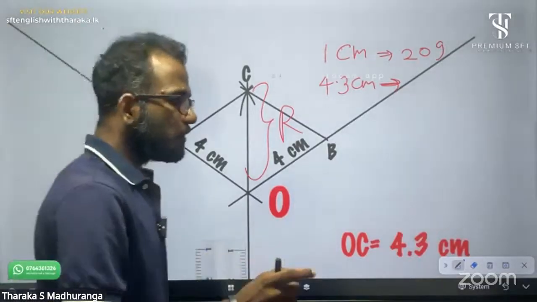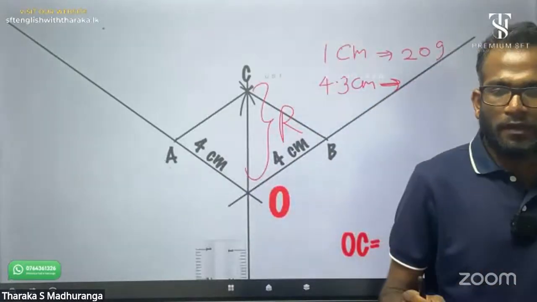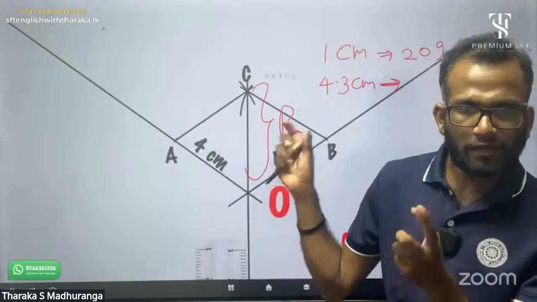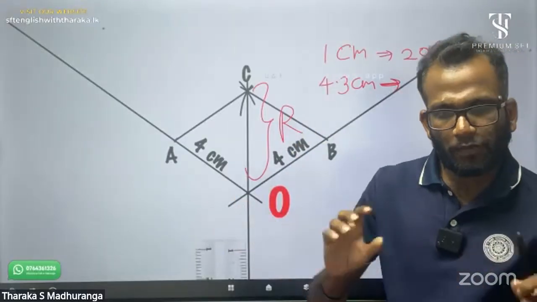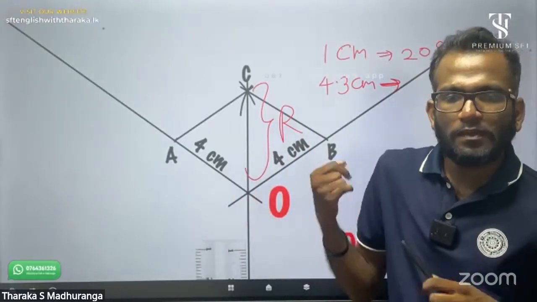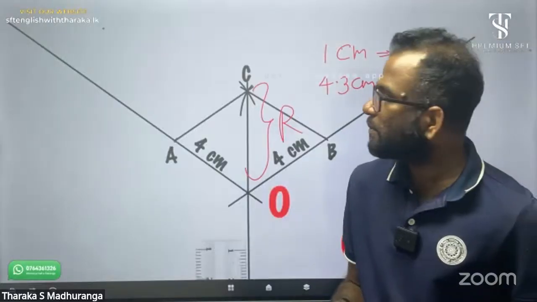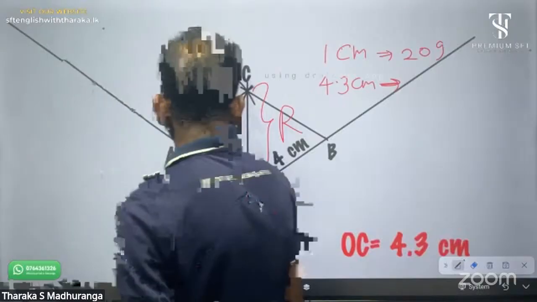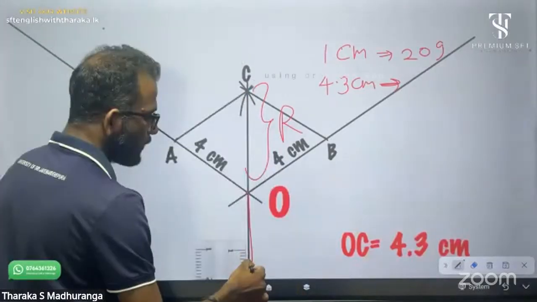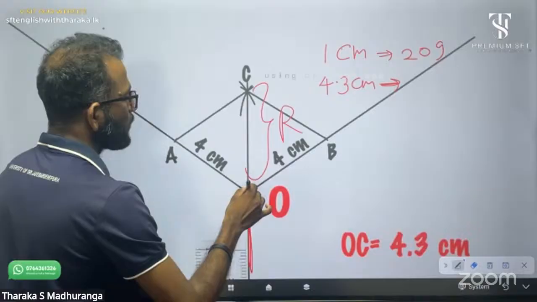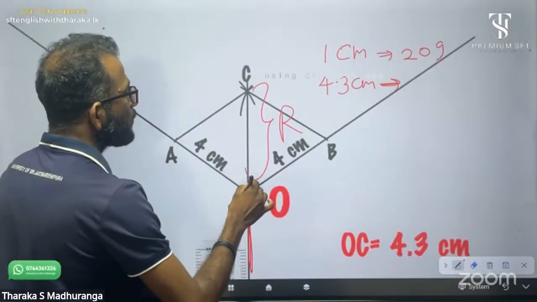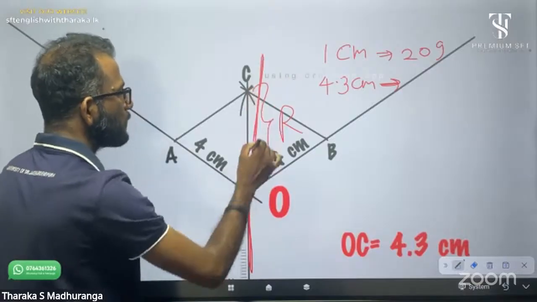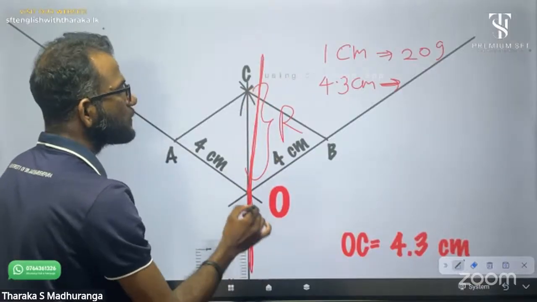Okay, the other thing, actually, if you did this experiment practically, if you make it on the board, most probably this line and the diagonal are not coming as a single straight line.